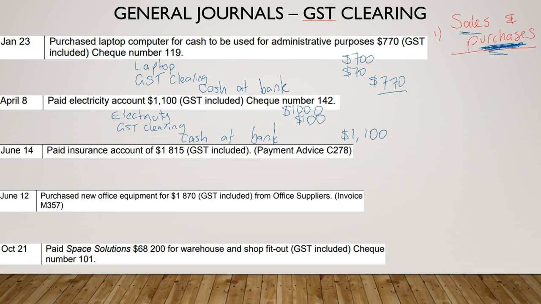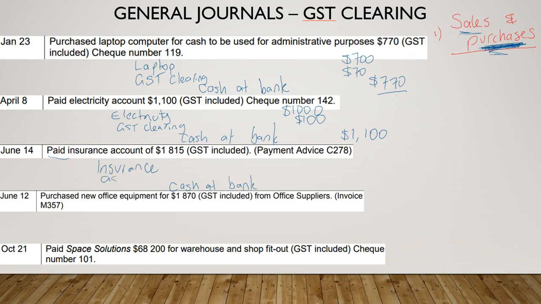Paid insurance account of 1,815 GST included. So our expense is insurance. We should be pretty comfortable with that now. We're paying it out of, assuming cash at bank. Yes, because it said paid. Okay, and we need GST in there as well.